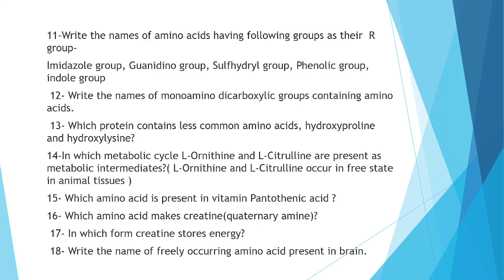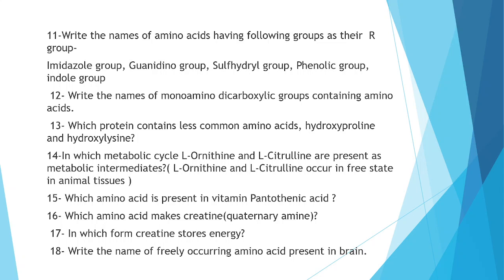And these are L-ornithine and citrulline, amino acids other than magic 20 amino acids, because these are not present in any protein. These are present independently in animal tissues, that is in free state.